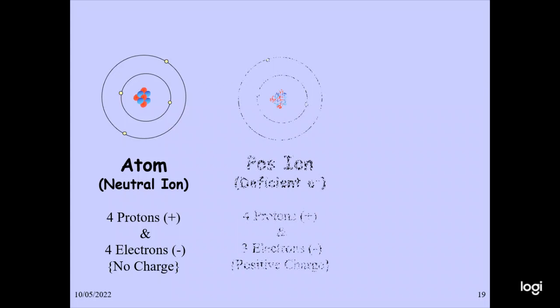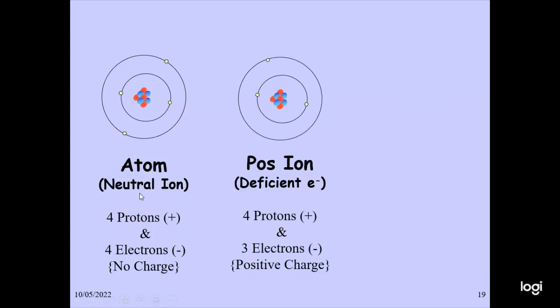So this is the neutral atom. A neutral atom has 4 protons and 4 electrons, so there is no charge. But for the positive ion, in this case, there are 4 protons and 3 electrons, so that will be a positive charge. Red are the 4 protons, and the outer orbits are the 4 electrons, so they are neutral.